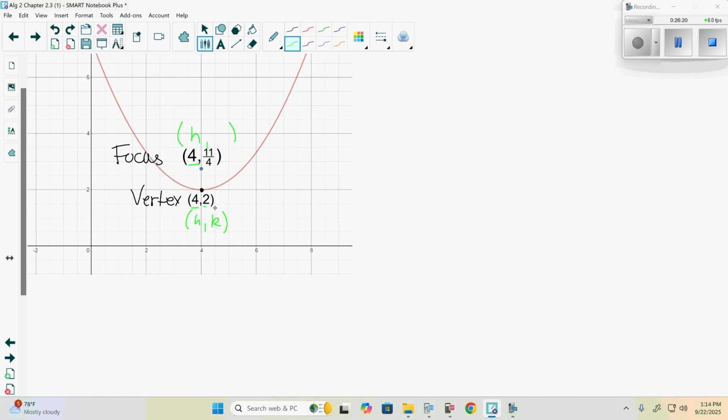However, K starts out as 2, and in the focus it's 11/4. Start adding something to it, and that value of P could be negative. We could be subtracting an amount, adding a negative amount to it. It's not so much did it go up, but did it change? So that also tells us that our general form is y equals a times x minus h squared plus k.